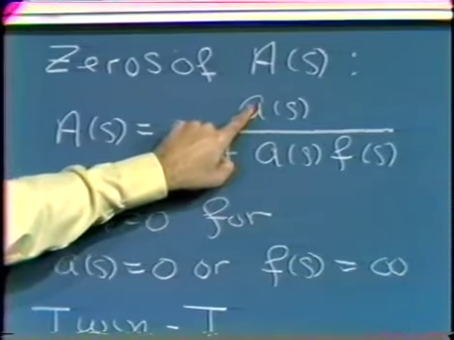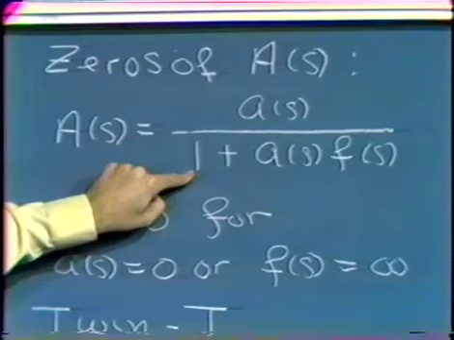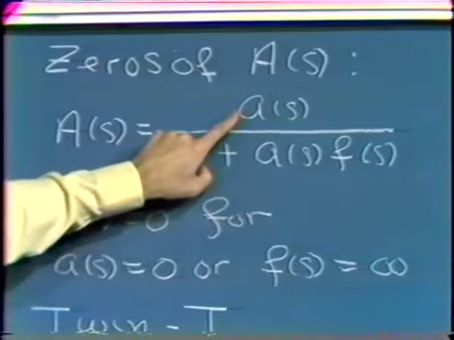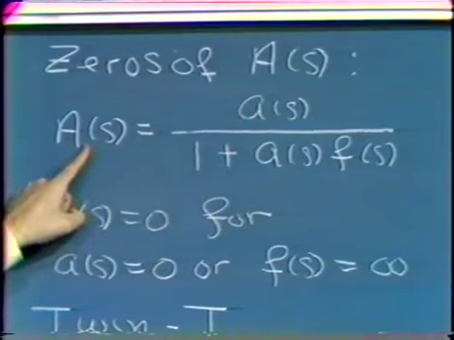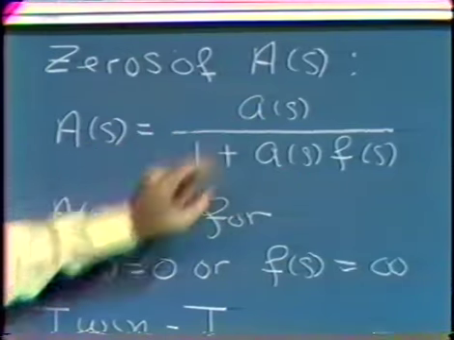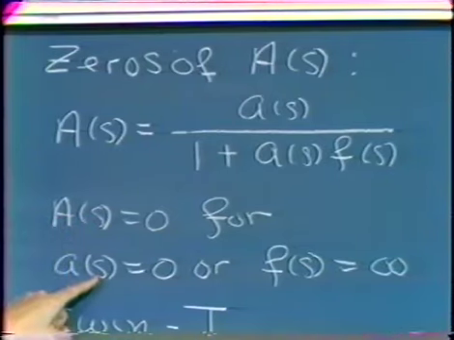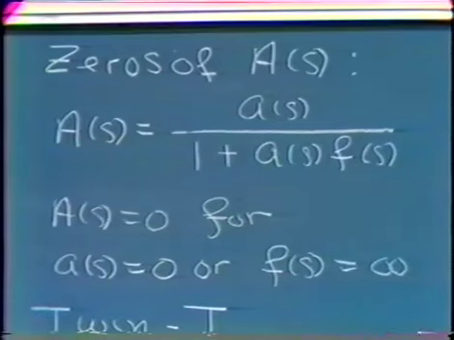The numerator goes to 0, however the denominator remains 1 when small a of s goes to 0. Consequently, capital A of s goes to 0 when little a of s goes to 0. So we conclude that one possible location for the zeros of capital A of s is at zeros of small a of s, zeros of the forward path transmission.